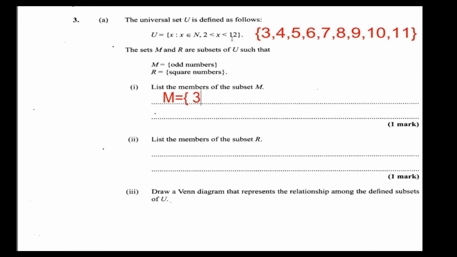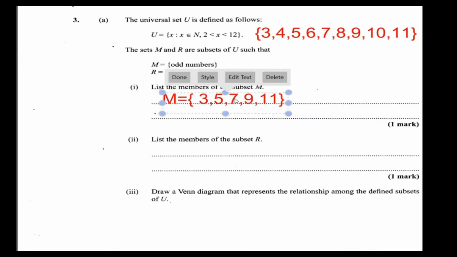Those odd numbers are 3, 5, 7, 9, and 11. So M is equal to 3, 5, 7, 9, 11. Nice and easy, and that's how we take care of this. That takes care of the elements in M.